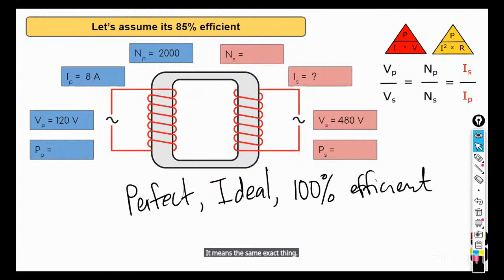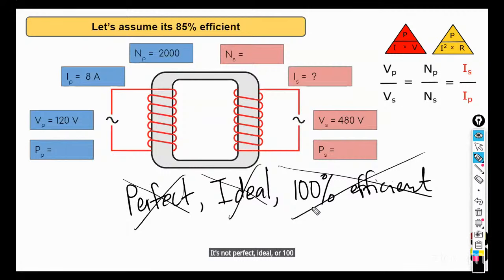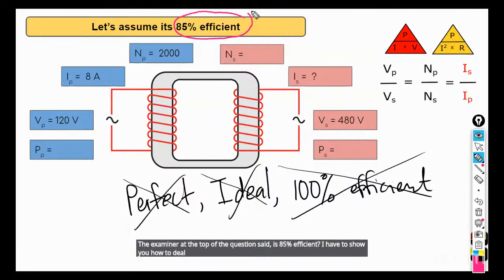But sometimes it's not perfect, ideal, or 100% efficient. Like in this case, the examiner at the top of the question said it is 85% efficient. I have to show you how to deal with a case like this.